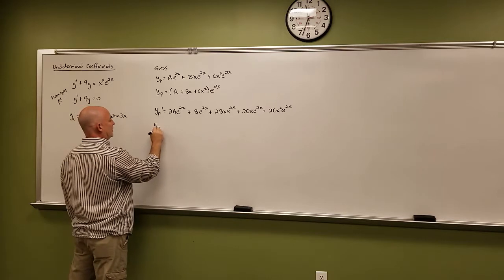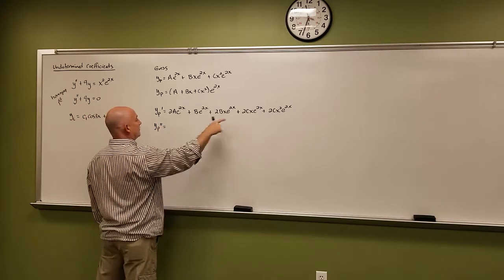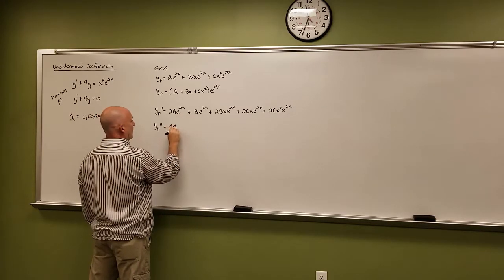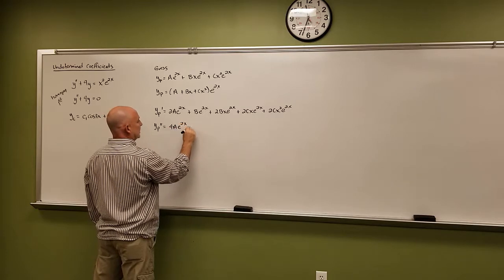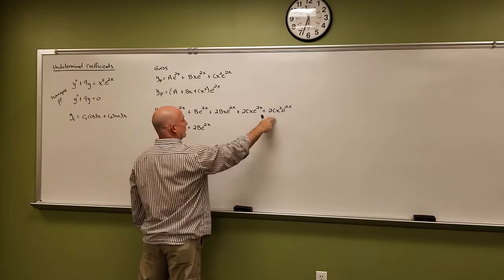So yp double prime is going to be equal to, all right, I got to take the derivative of all of this again. Now, constant here, so this is just going to be 4a e to the 2x, 2b e to the 2x, product rule, and product rule here.